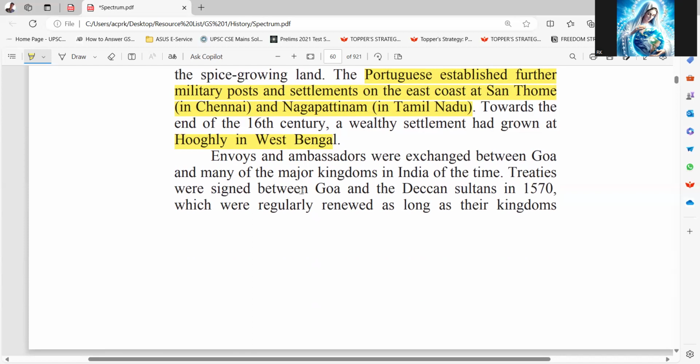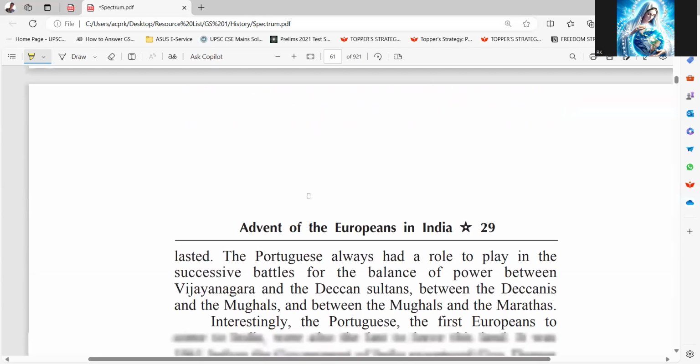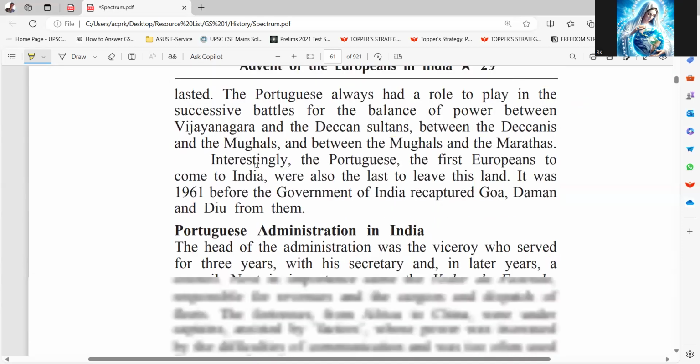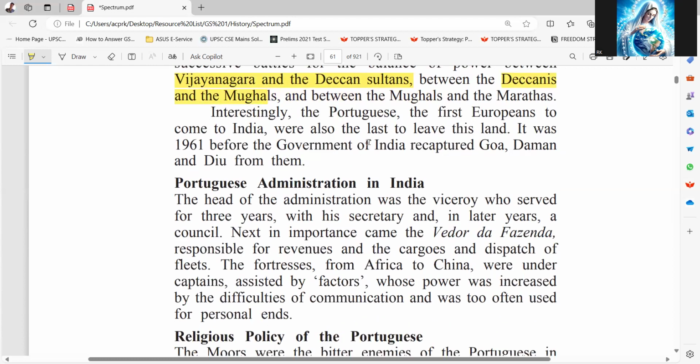Treaties were signed between Goa and the Deccan Sultans in 1570, which were regularly renewed as long as their kingdoms lasted. The Portuguese always had a role to play in the successive battles for the balance of power between Vijayanagara and the Deccan Sultans, between the Deccanis and Mughals, and between the Mughals and Marathas.